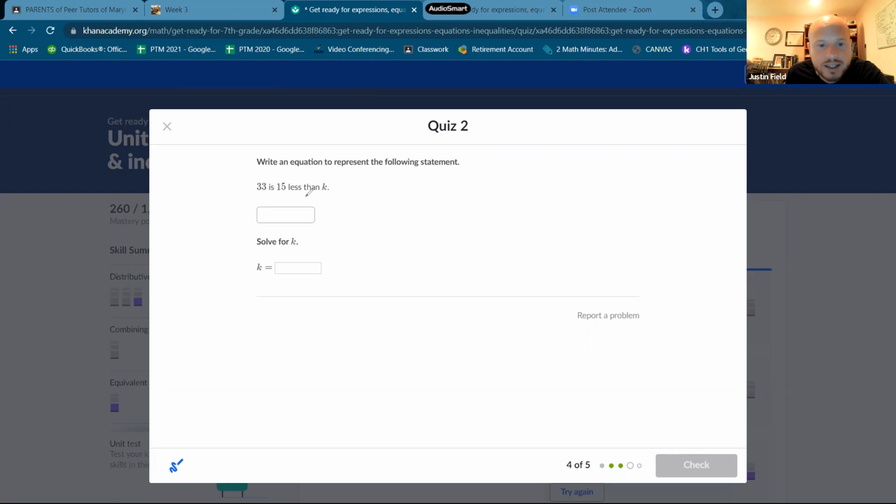So in this case, the less than means subtraction, because we want it to be that much less, so we want to take away, right? So 33 is 15 less than k. So we have this number k, which we don't know what it is, but we know that if we take away 15 less, that would equal 33. So we've set up an equation, k minus 15 equals 33.